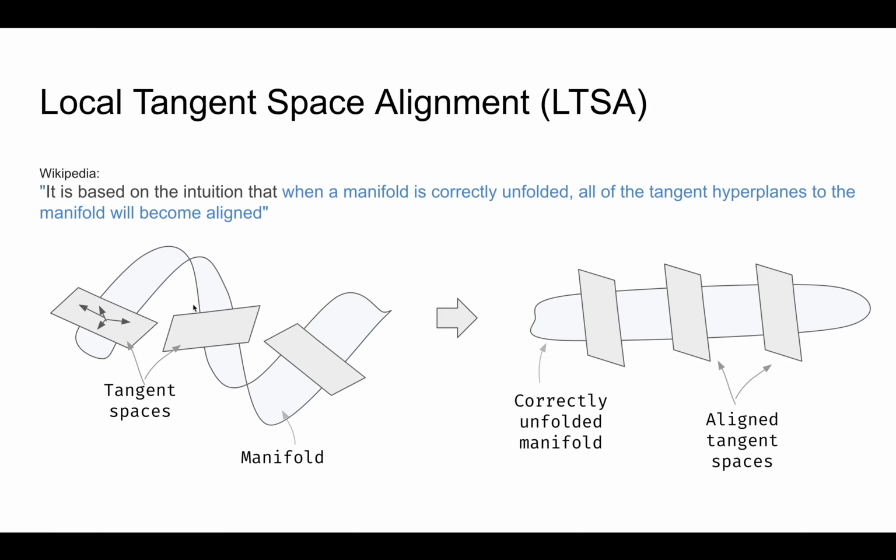So here, let's say we have this manifold shown here in light blue color, and we have these tangent spaces at different parts of the manifold. So now if we are unfolding this manifold, then we can check the alignment of these tangent spaces, and finally when we have the manifold correctly unfolded, the tangent spaces would be more or less aligned.